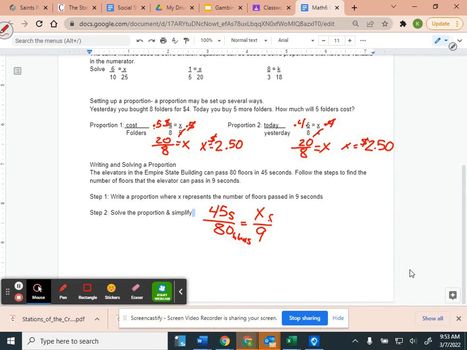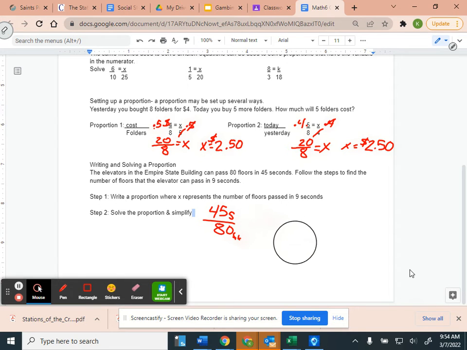And we need to find how many floors it can go in 9 seconds. Are we consistent with how we did it? Are we? I have seconds on top and seconds on top? Yeah, because I need to be consistent. If my seconds are on top, they need to be on top for both ratios.